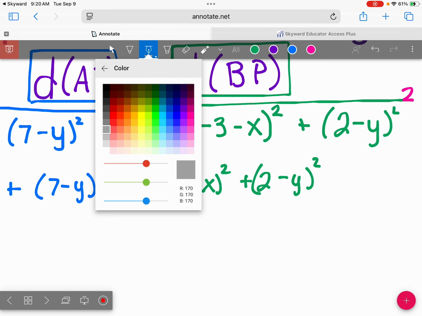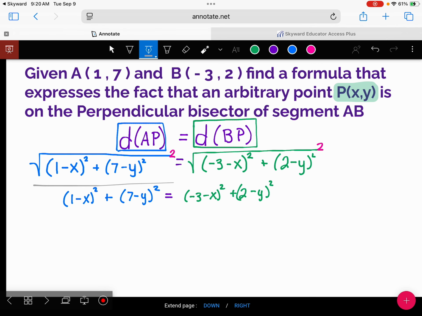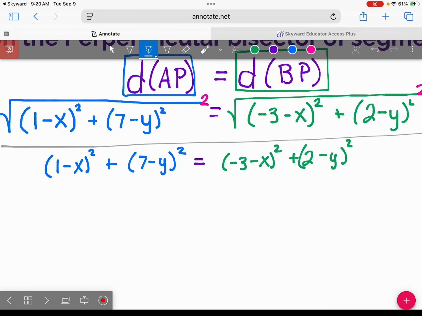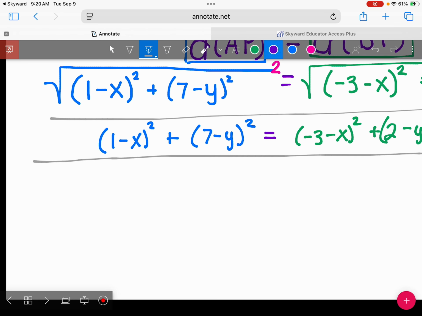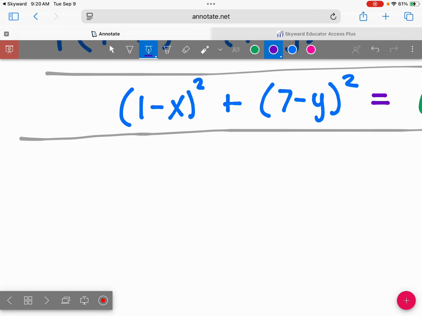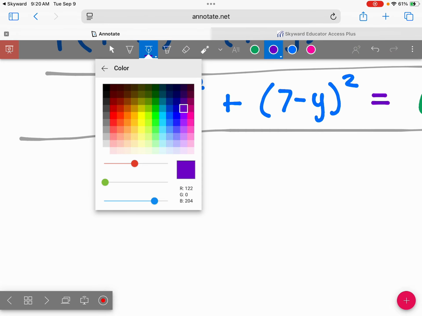Now what could we do? What could I do to try and simplify this a little bit? It's going to look grosser for a second. We're going to square all the things. So our 1 minus x, squared, we're going to need to square that out.